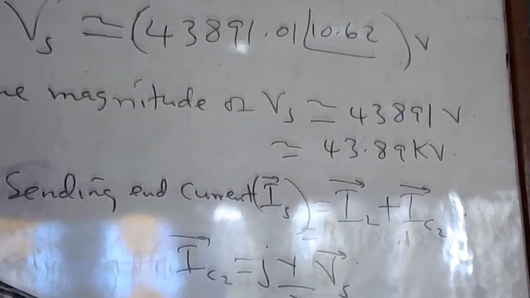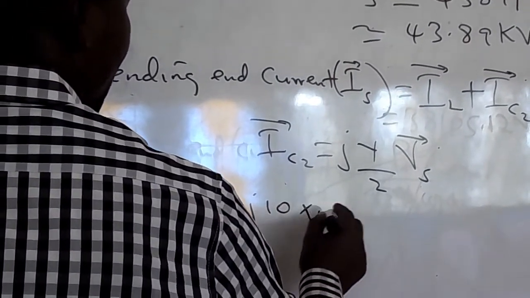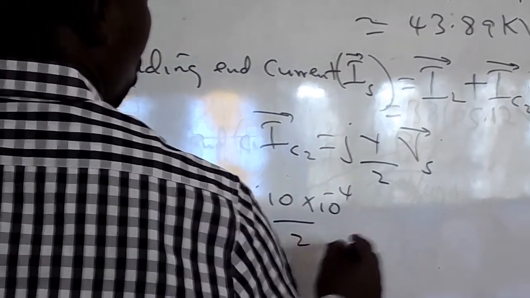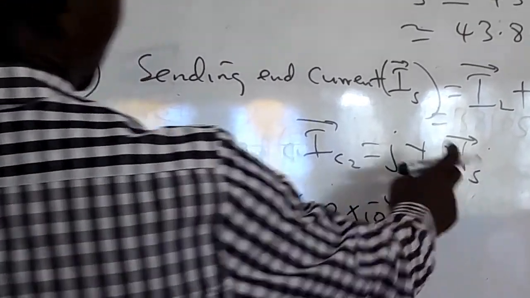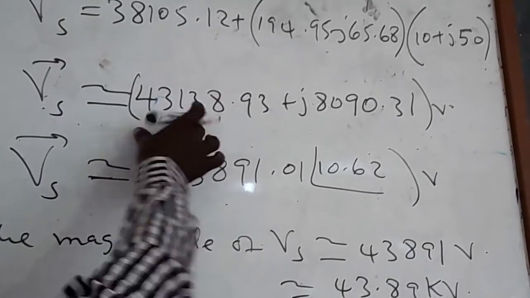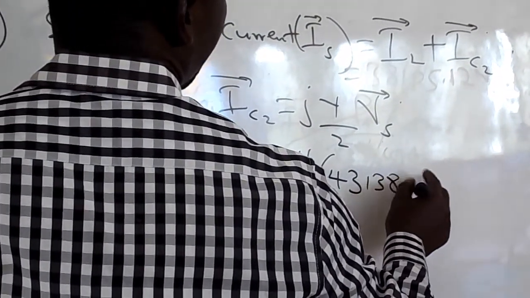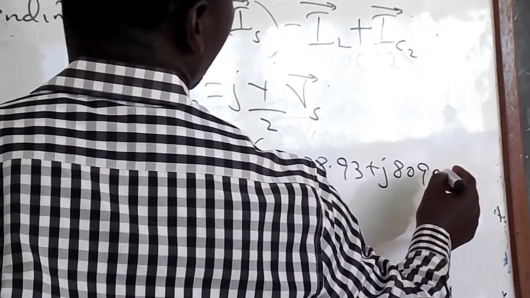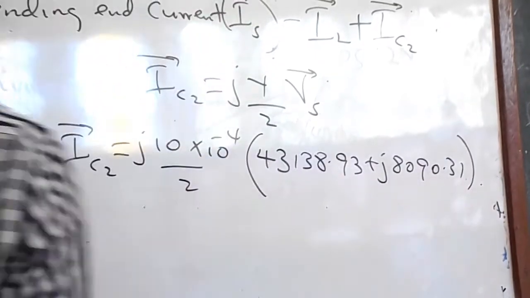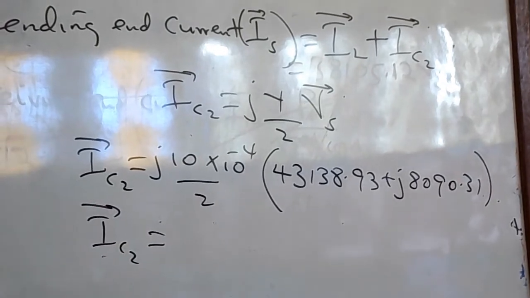That means that IC2 is now equal to j, Y is 10 times 10 power negative 4, divided by 2, into the sending end voltage, which we already have up here. So I can have it in rectangular form, 43,138.93 plus j8090.31. So that can also be calculated.